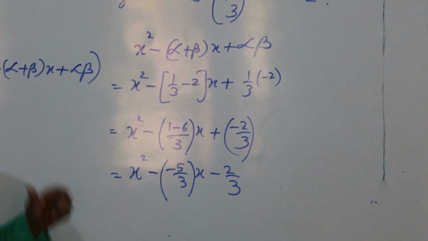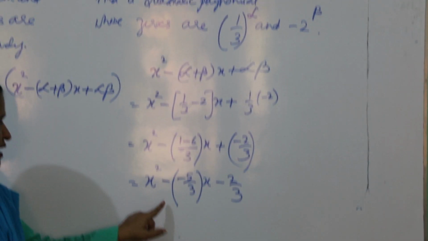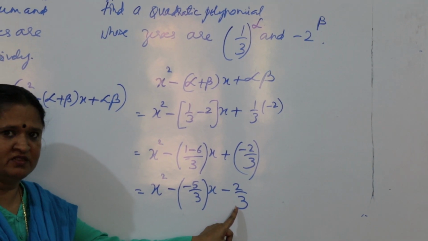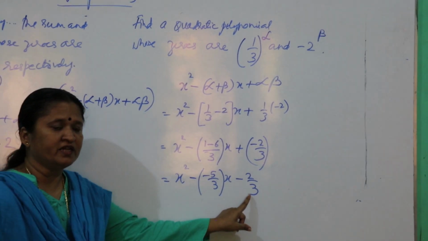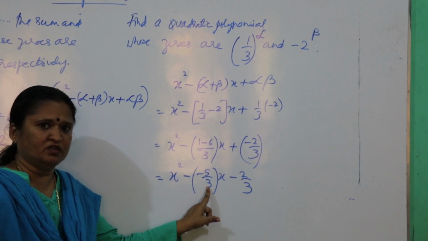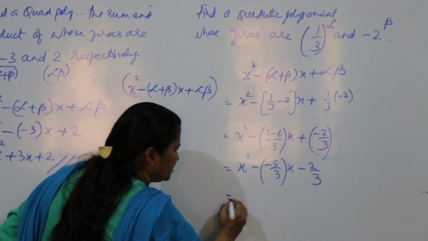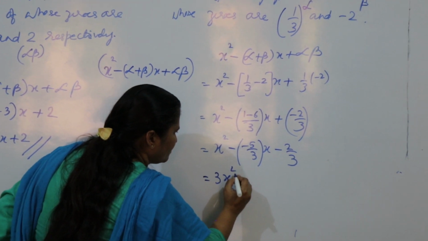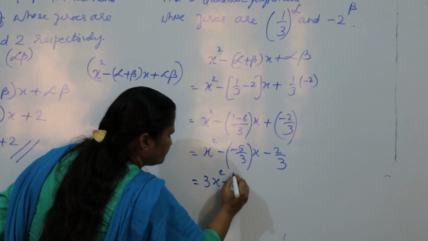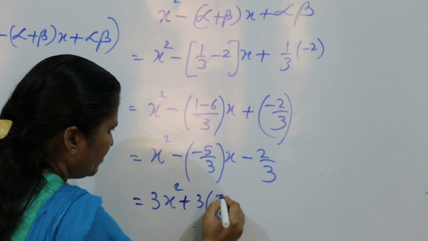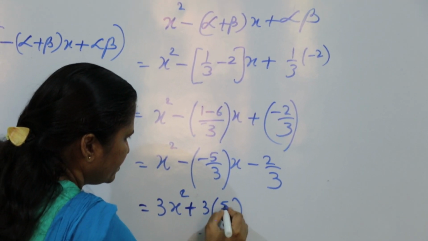Right? To get it in the standard form, let's multiply this entire equation by 3. That means we are multiplying every term of this equation by 3. And then see what happens. 3x square minus, plus, we are multiplying every term by 3, remember.